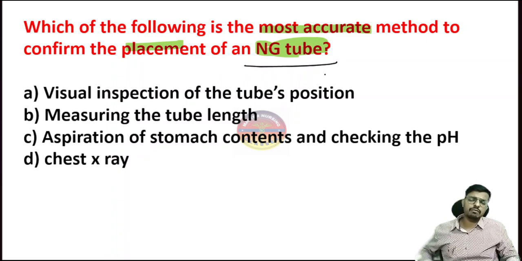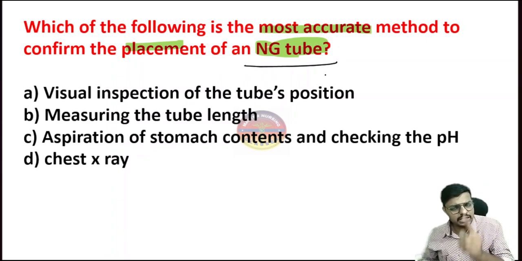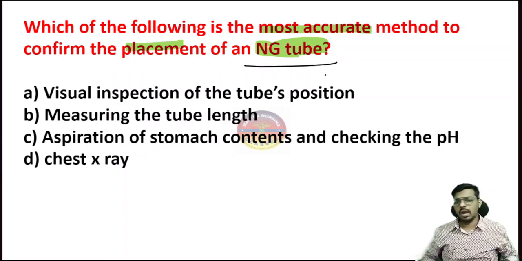As a nursing officer working in the AIIMS Institute, you should know everything related to patient care, and this question is related to patient care. How, sir? Every patient you take care of in the OT, the ICU, the critical care units and the high dependency units, most of them have a nasogastric tube, that is the NG tube, right?